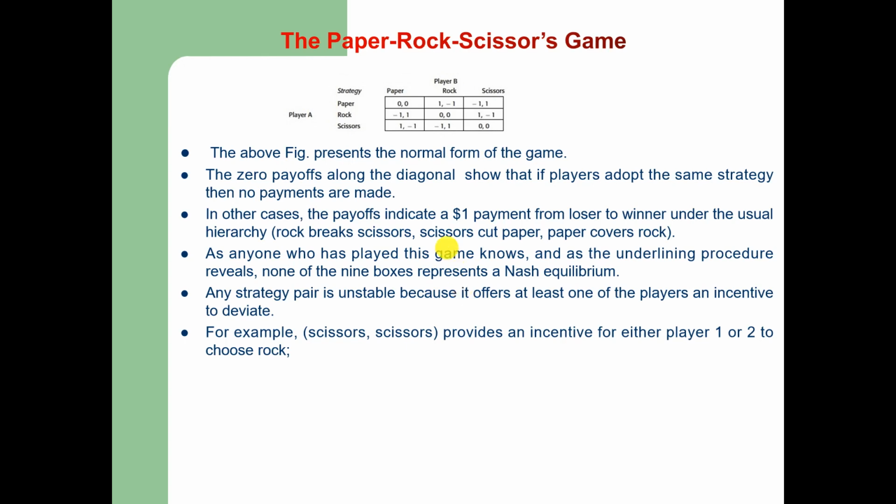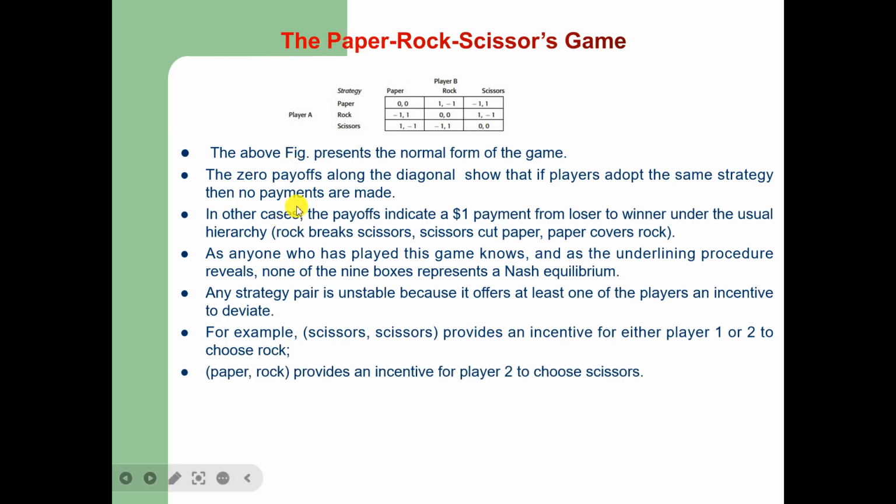So we are in the last cell. Both the players, that is player A and player B, show scissors. So there are zero payoffs. So it provides an incentive for either player 1 or player 2 to choose rock.